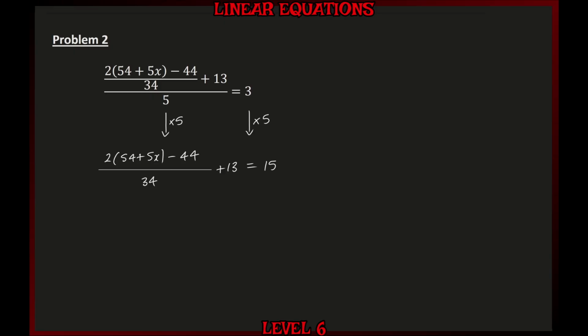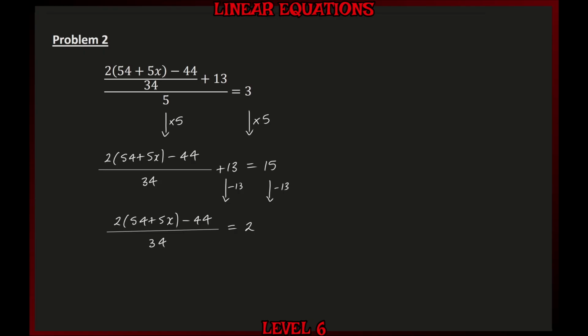Going back to the left, we'd now like to remove the plus 13 to leave the fraction on its own. We can do this by subtracting 13 from both sides. So the left becomes 2 times (54 plus 5x minus 44) all over 34 is equal to, and 15 minus 13 is 2.